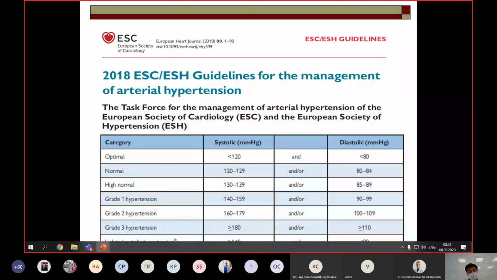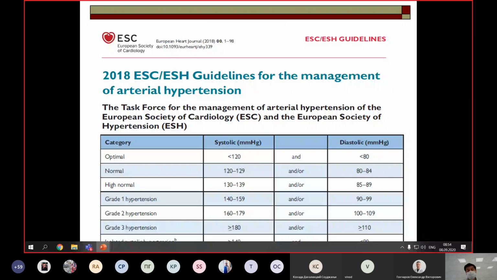What about the category of BP in individuals not having hypertension? According to the current clinical protocol, the patient should have at least three categories of BP: optimal, normal, and high normal. Optimal BP is associated with systolic and diastolic BP less than 120 and less than 80 millimeters of mercury respectively.